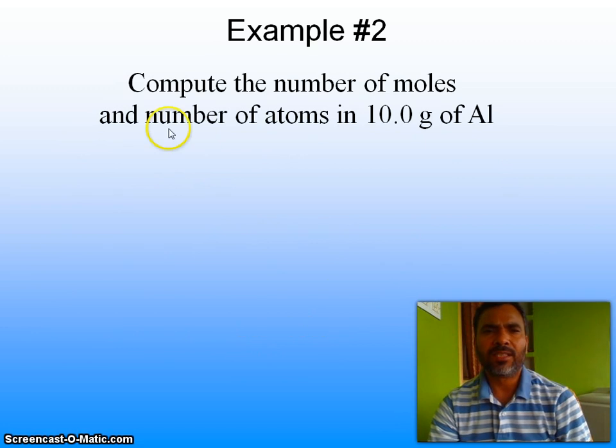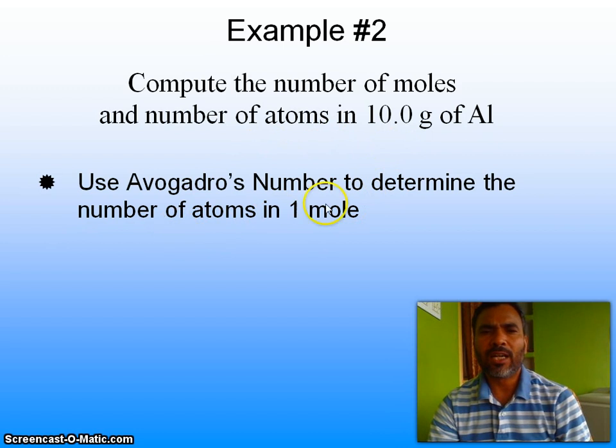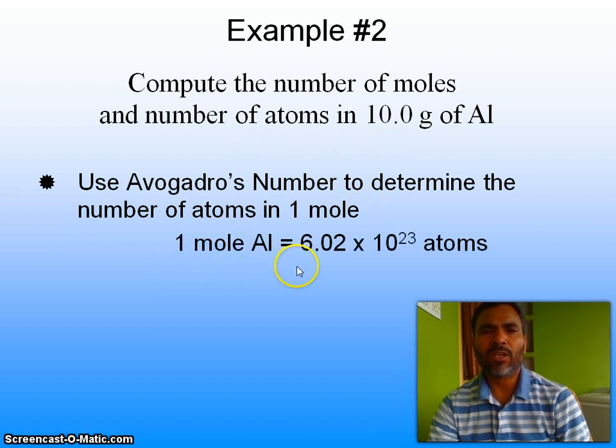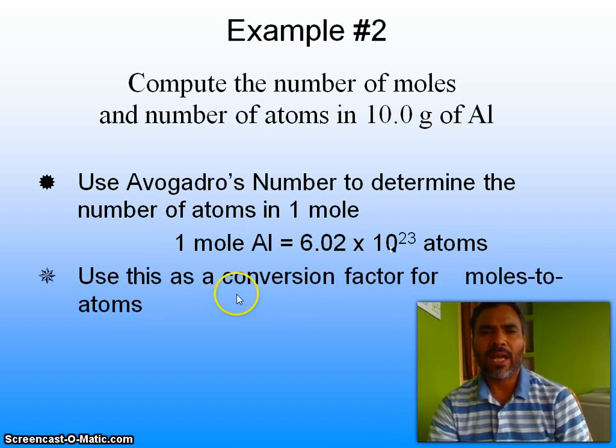Now second part: compute the number of atoms in 10 grams of aluminum. Use Avogadro's number to determine the number of atoms in 1 mole. So 1 mole of aluminum is equal to 6.02 times 10 to the power 23 atoms. Use this as a conversion factor for moles to atoms.